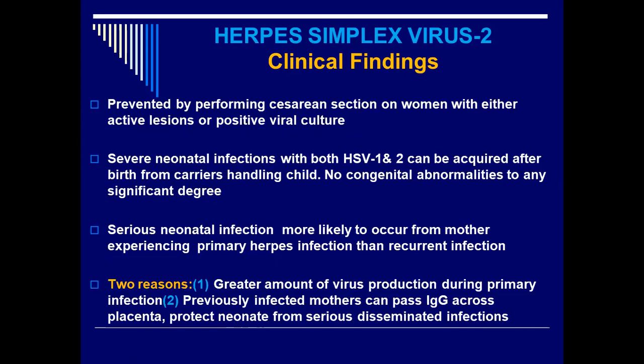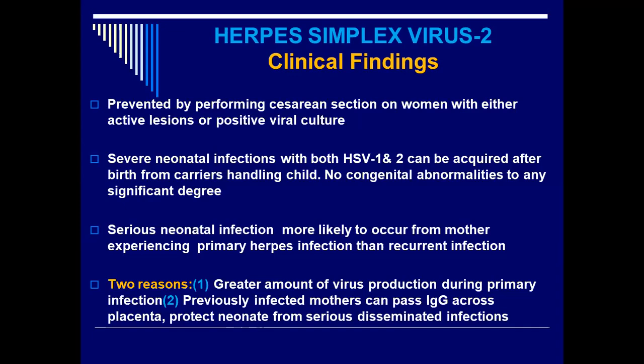This HSV2 infection can be prevented in the fetus of the contaminated mother, or the carrier mother, or the frank disease mother. We can prevent this kind of infection to the fetus by performing a cesarean section on the woman who has active lesions, or a positive viral culture, or positive antibodies.